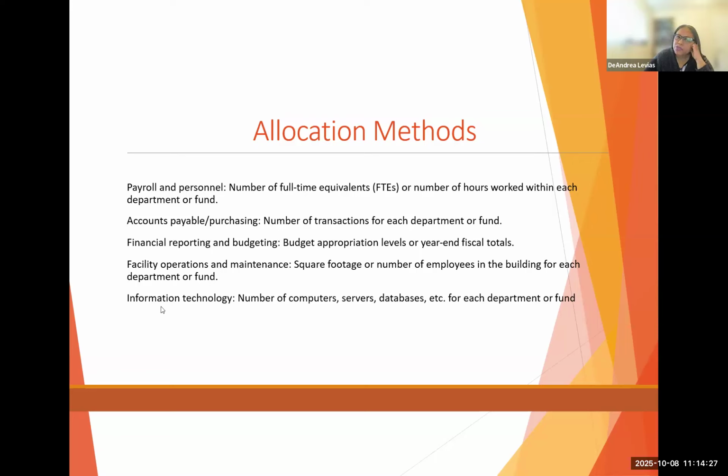A common way to do IT expense allocations would be based on FTE or the number of computers that staff has. In that example, you've got 10 staff. Program A staff has 3 computers, program B has 4, program C has 3. Then you could allocate your IT costs that way across those 3 programs.